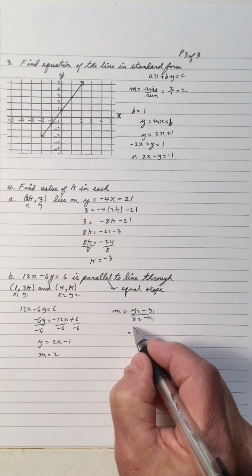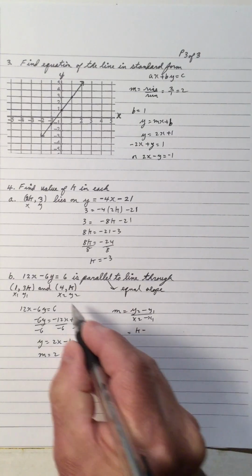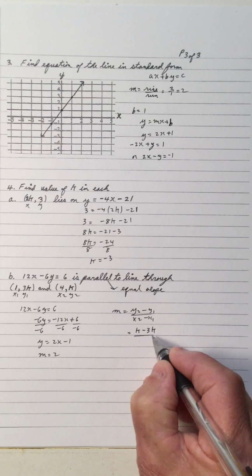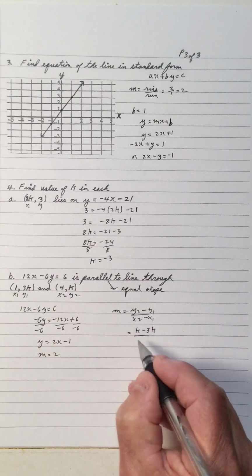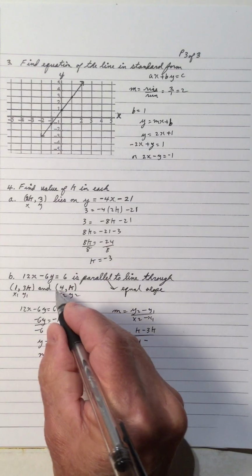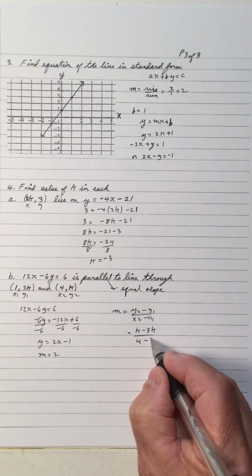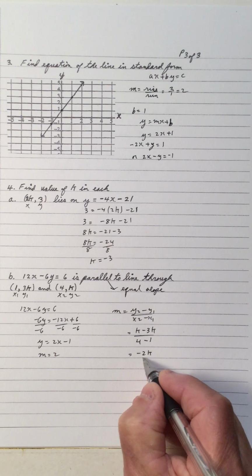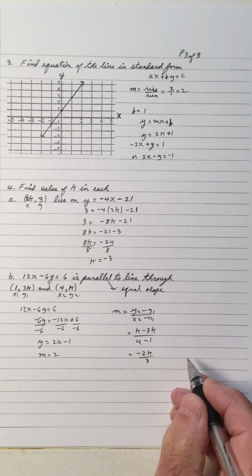So y2 is k minus y1 is 3k, x2 is 4 minus x1, which is 1. So that's negative 2k over 3.